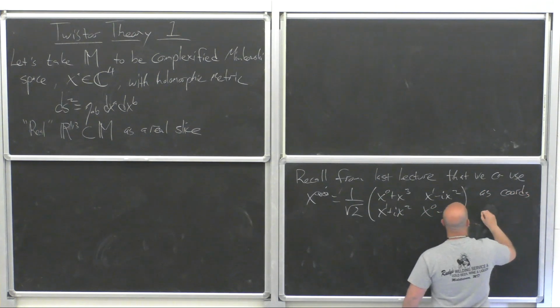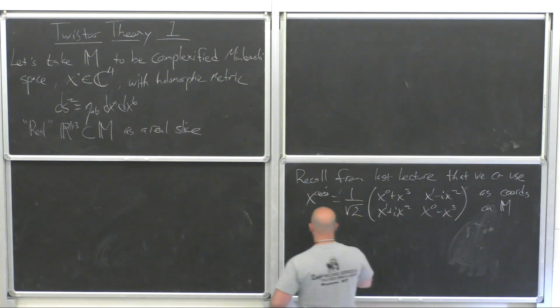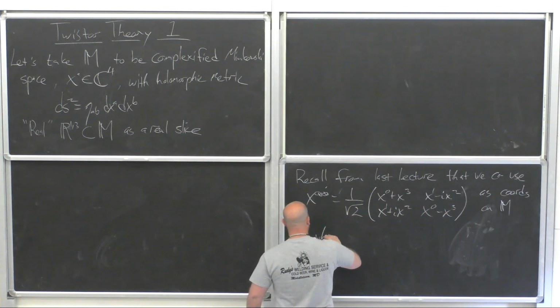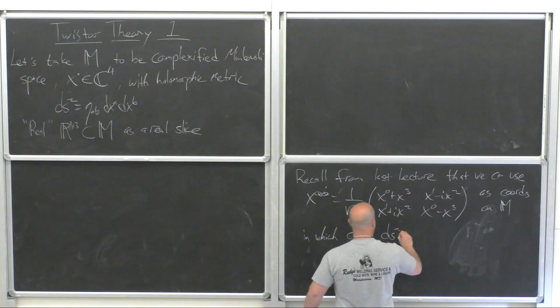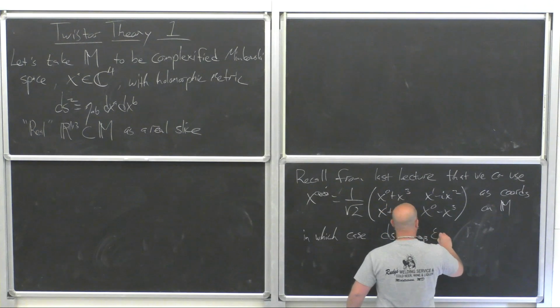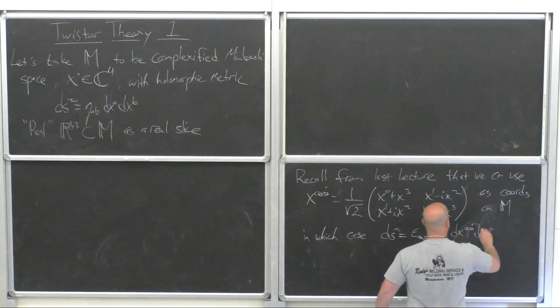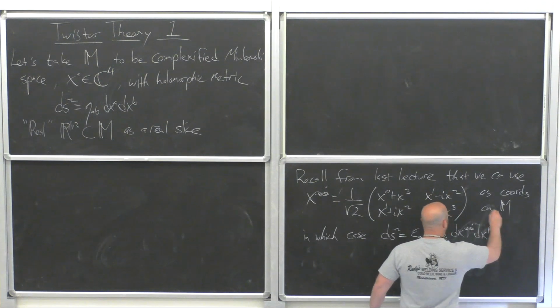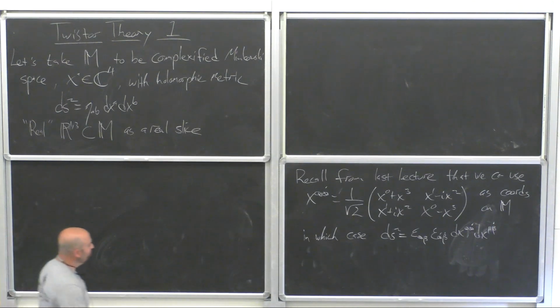So we can use these things as coordinates on M, in which case our metric written in this two-spinor formalism is ε_{αβ} ε_{α'β'} dx^{αα'} dx^{ββ'}. So I'm just reminding us of what we learned an alarmingly short time ago.